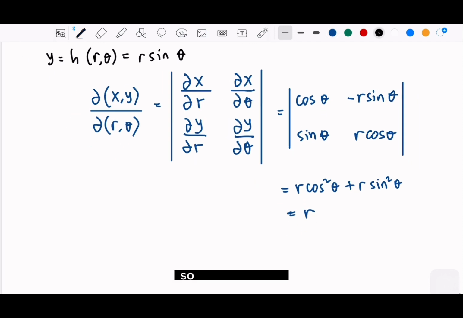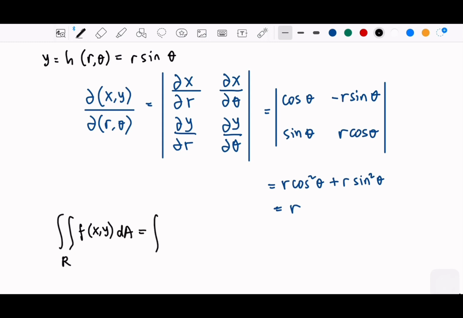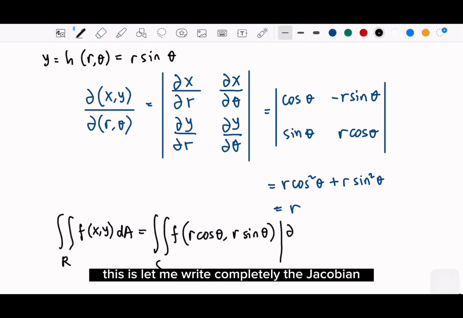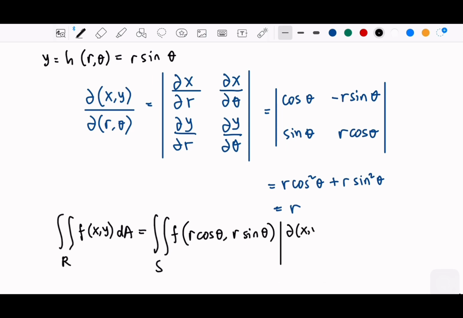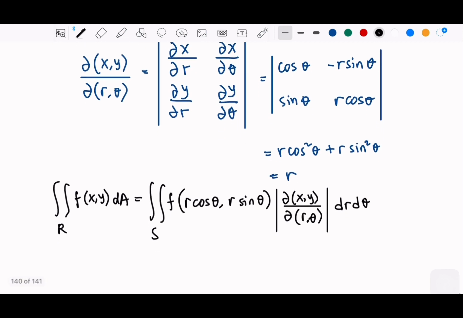So, in conclusion, when we change Cartesian to polar, let's say we have dA here, and change to S from R, let me write completely the Jacobian. And then this will be dr d theta, right?